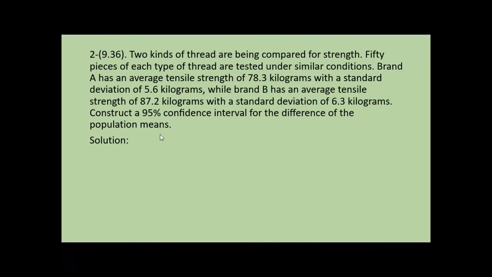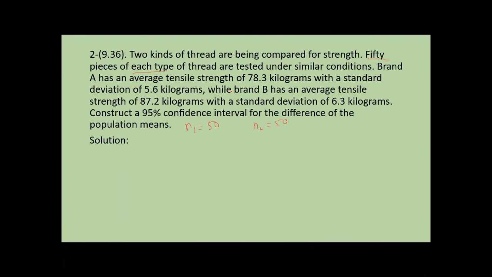Fine. Two kinds of thread are being compared for strength, 50 pieces of each type. The sample size is given as 50 each. So type 1, type 2. We call it sample sizes n1 = 50, n2 = 50.